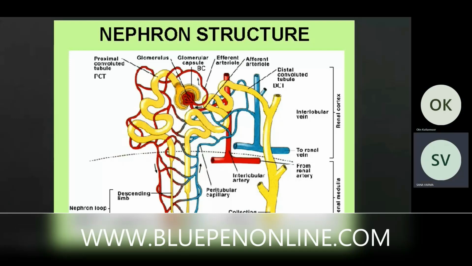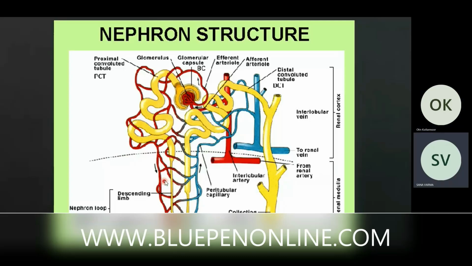Now the peculiarities of the cells lining the tubule portion of the nephron. Firstly, the cells in the proximal convoluted tubule are equally permeable to both water as well as solutes.